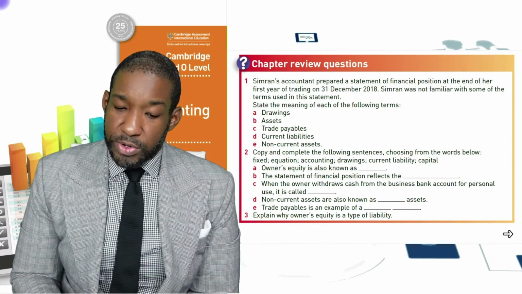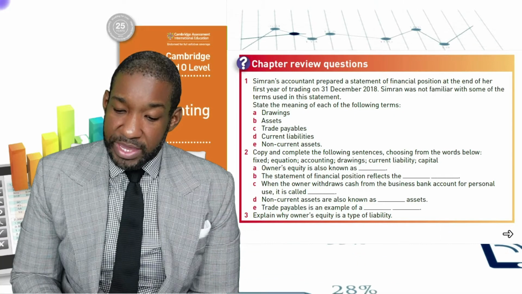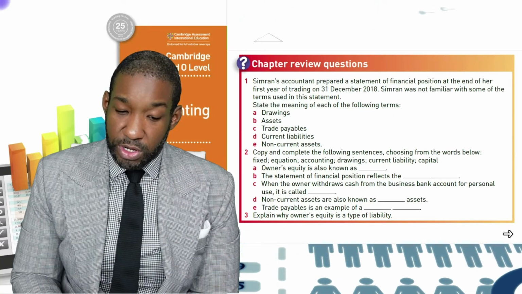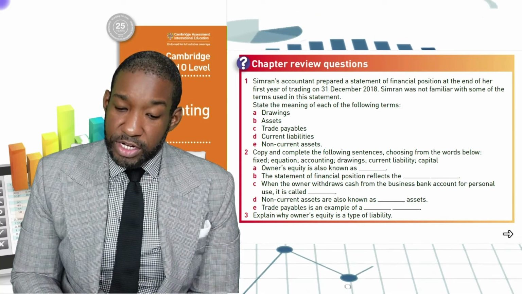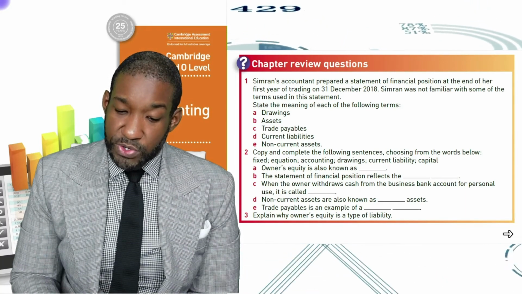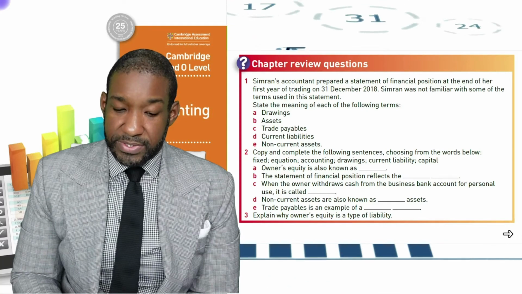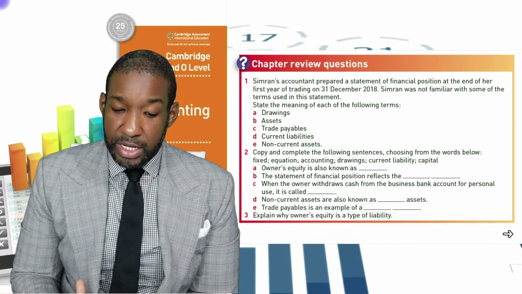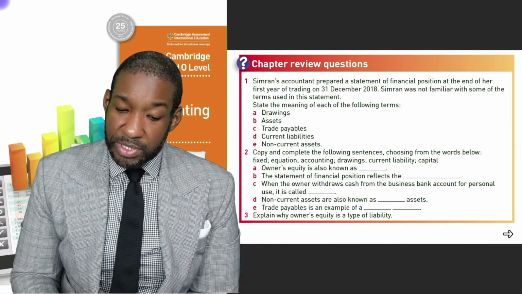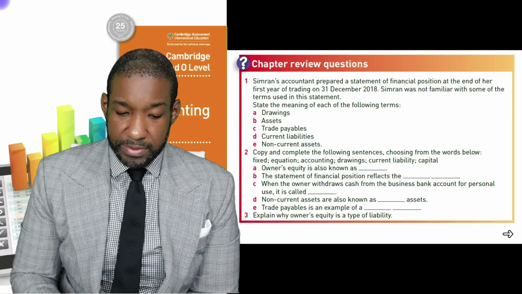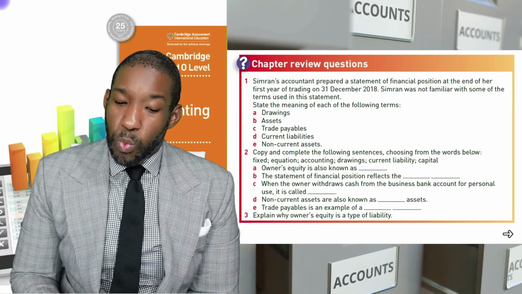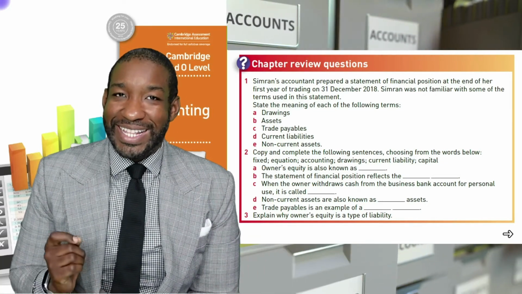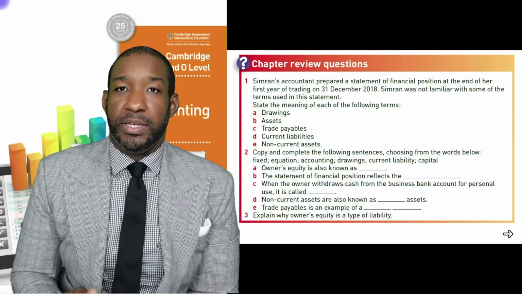C. When the owner withdraws cash from the business bank account for personal use, it is called blank. D. Non-current assets are also known as blank assets. E. Trade payables is an example of a blank blank.